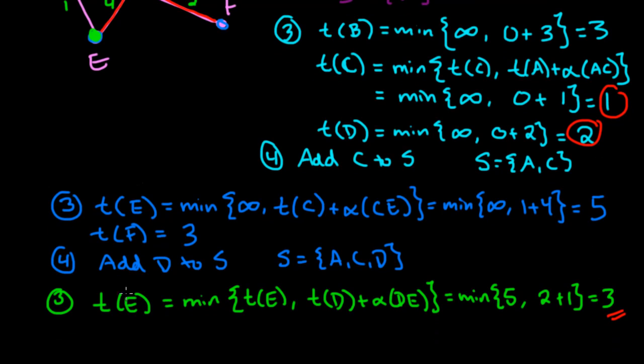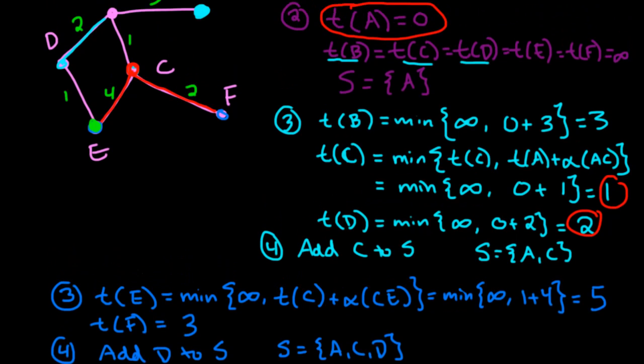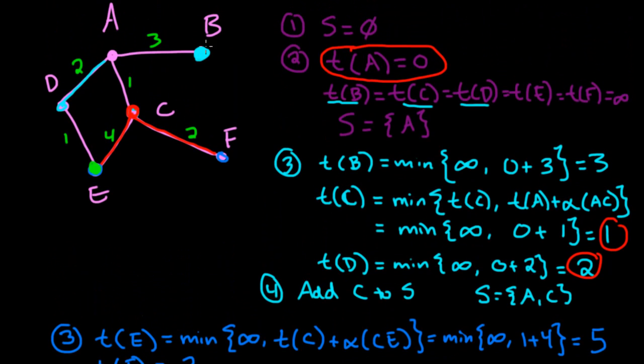So in this case I'll just say let's add B to S. It doesn't matter, I could have added E as well. So now S is the set A, C, D, and then B. And if you look at B being the latest vertex, step 3 would tell you to take a look at B and look at any of its neighbors which are not yet in the solution set, but it doesn't have any. So we're already done, there's no change.